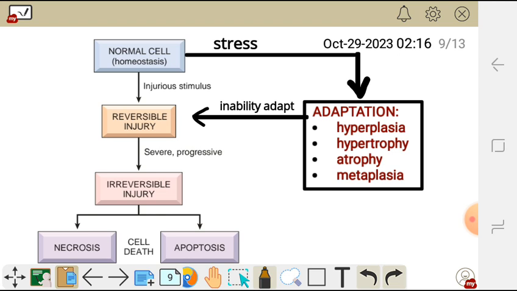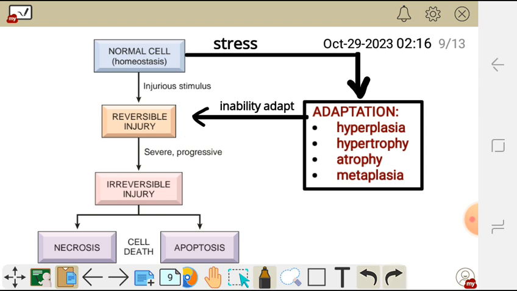So the cell, if it is stressed, is going to adapt to that situation. If it fails to adapt, an inability to adapt, then it is going to be injured, and that injury is called reversible injury.